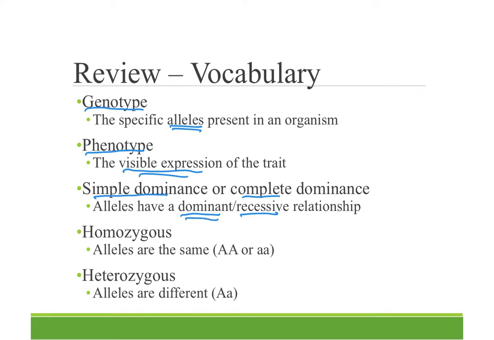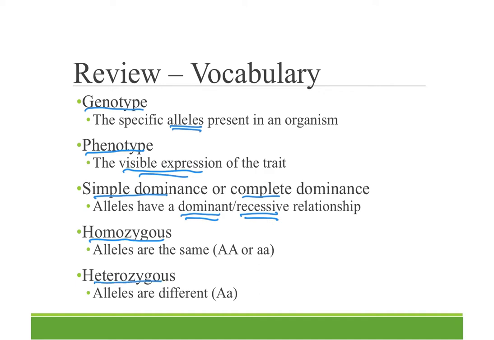One allele will dominate over the other if it is present, and it determines what is being expressed, whereas a recessive allele has to have two copies in order for that particular trait to be seen. And then we have the words homozygous, where the alleles are the same, and heterozygous, where the two alleles in the organism are different.